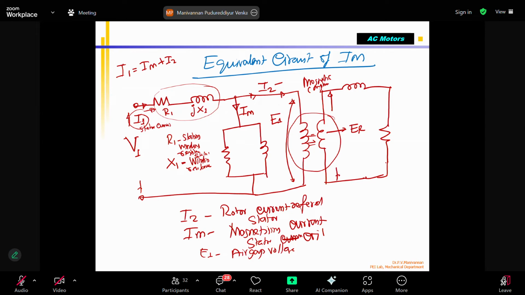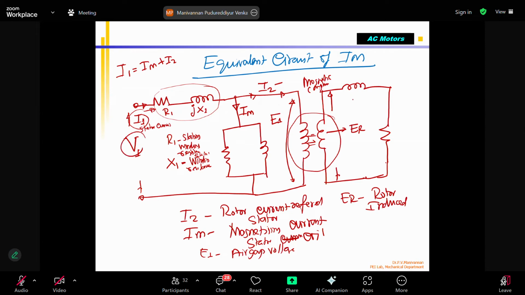Energy from the stator is supplied to the rotor magnetically. Yes, it's an induced voltage. ER is called the rotor induced voltage, due to the current supplied by the stator, which is supplied by E1.